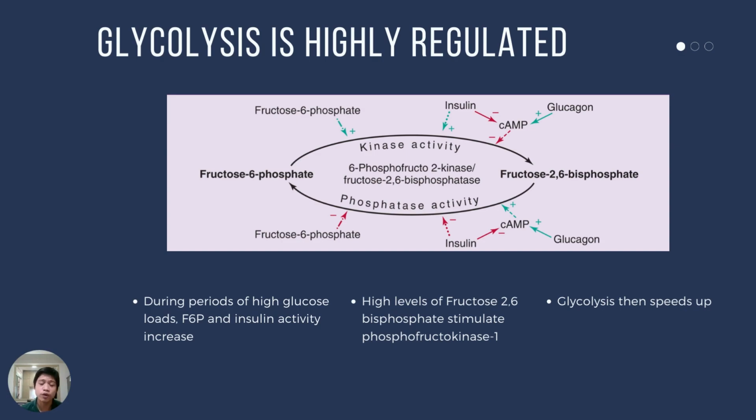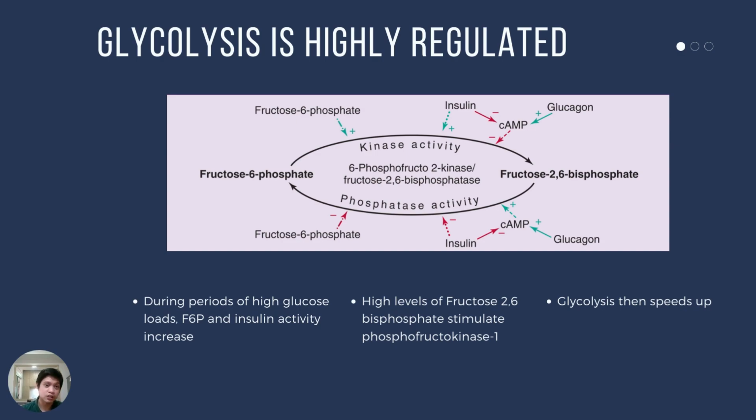The first form of regulation is through the molecule fructose 2,6-bisphosphate. Here you have to differentiate fructose 1,6-bisphosphate, which has phosphates at position number 1 and 6, from fructose 2,6-bisphosphate, which has position of phosphate at carbons 2 and 6.